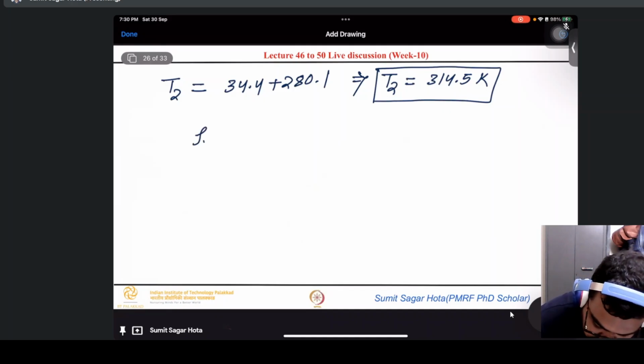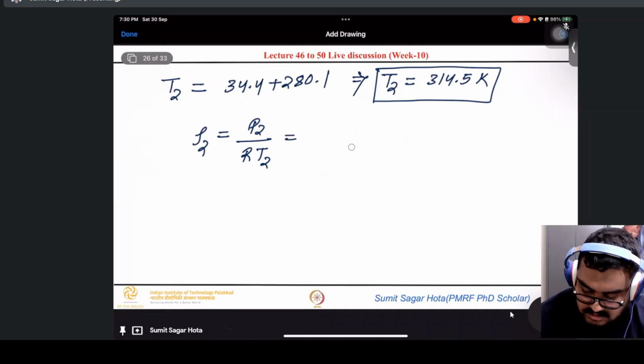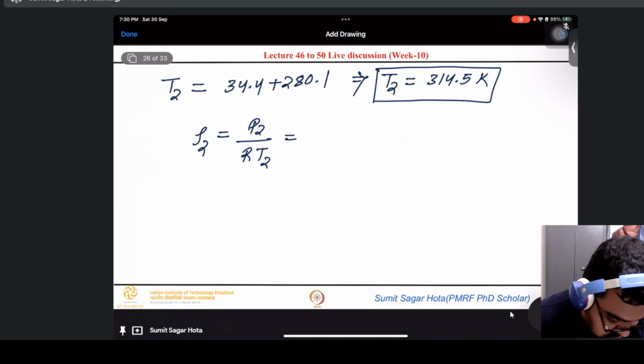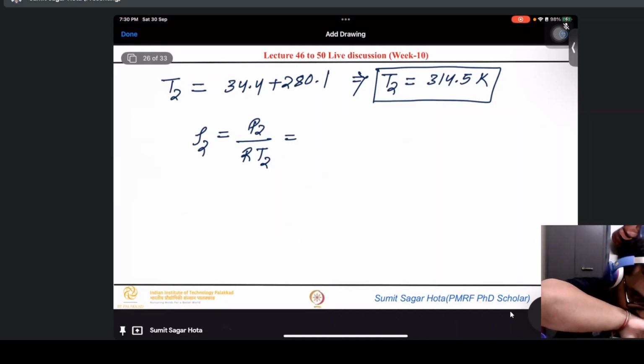What is rho 2? P2 by RT2. What is P2? 1.18. Where is P2?